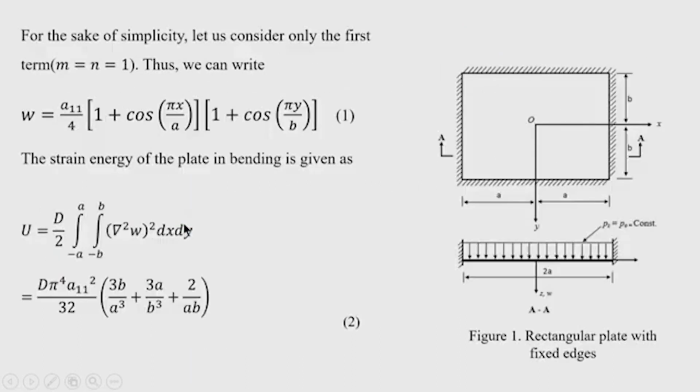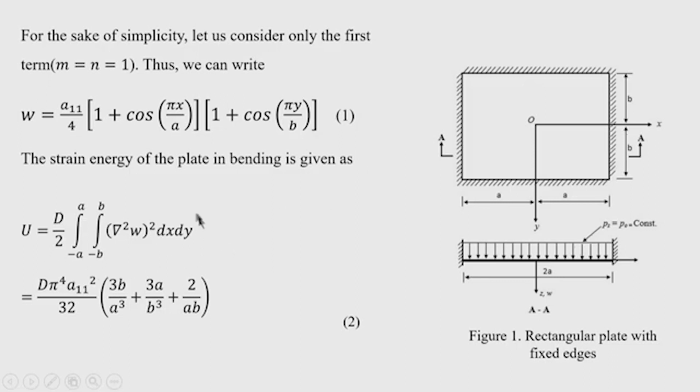So, then the strain energy expression is calculated by taking this function as the deflected shape of the plate. Okay. So, substituting this in this del square w here in this square term, we can get the final result by double integration. The limit of the integration, of course, here will be minus a to plus a and minus b to plus b.